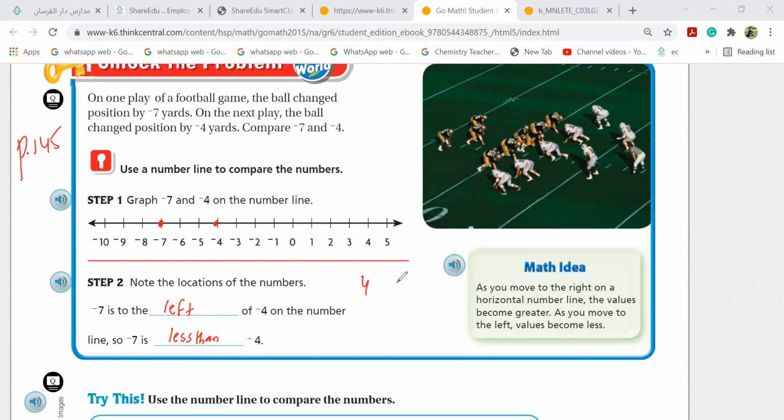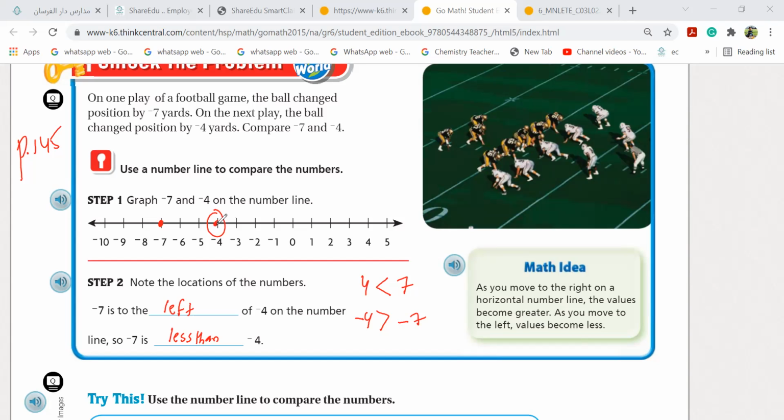Now you will learn, girls. Normally, if I ask you 4 and 7, which one is greater? 7 is greater. But if you ask -4 and -7, it's -4, because -7 is more down. -7 is after -4. That's why -4 is greater than -7. Do you understand why?